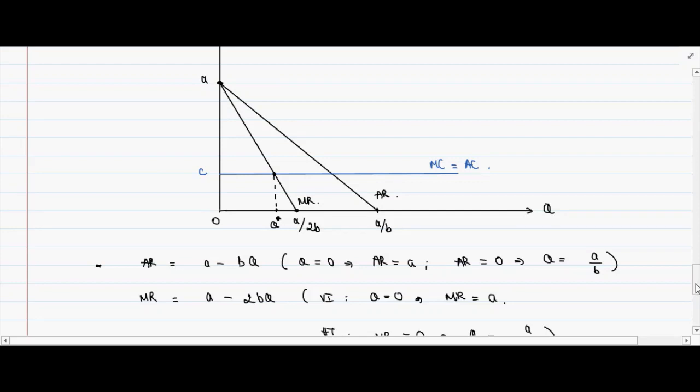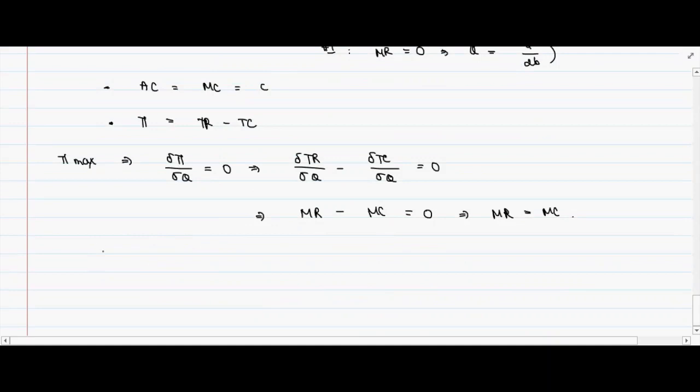Now QM is the quantity maximizing the revenue. So if I want to find a point that is maximizing the total revenue, total revenue is max when I differentiate the total revenue with respect to quantity and make that equal to 0.